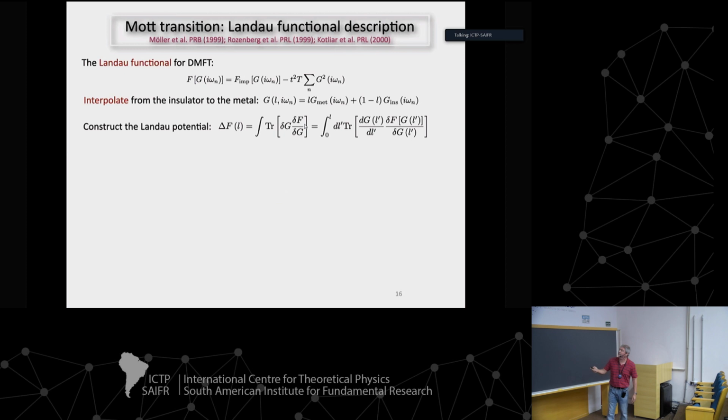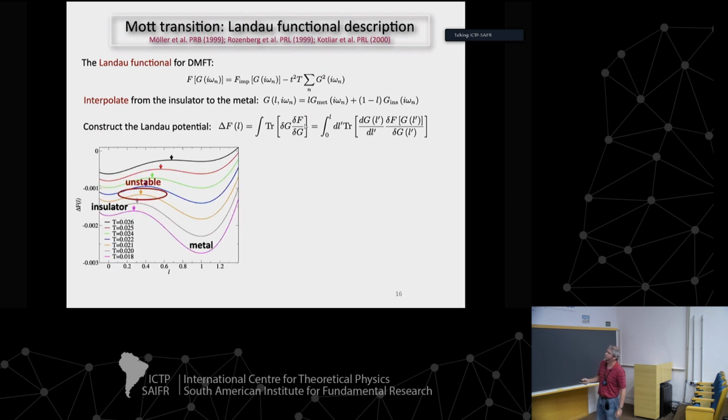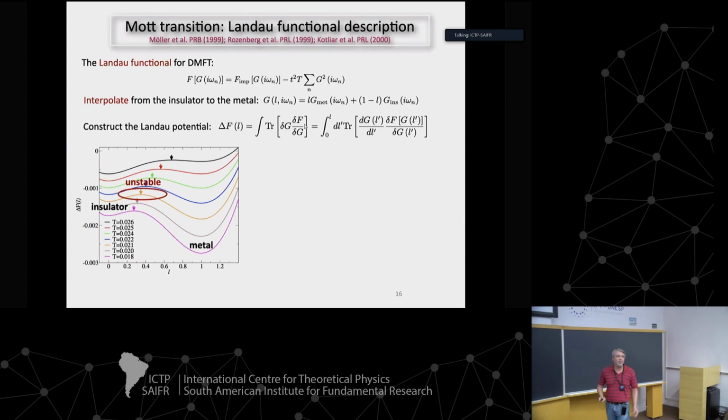This can be done. It's not very difficult. And you can find the variation of free energy as you go from the metal to the insulator. And this is what's shown here. And as expected, there is this two minima structure separated by a maximum.